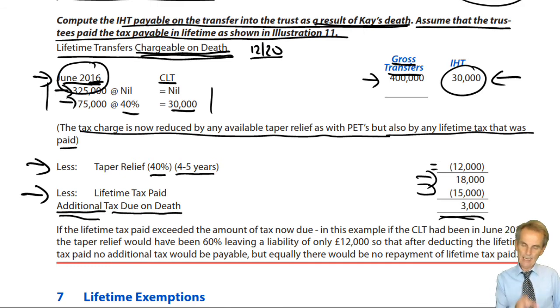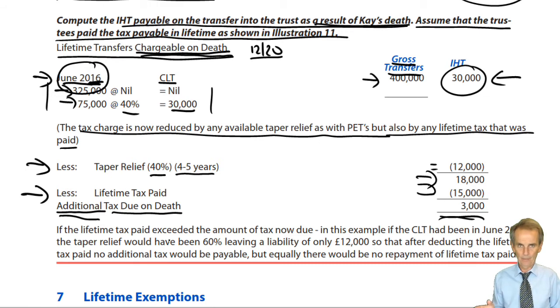You do not end up with a CLT having paid both 20% if it's the gross rate applicable at the time that the transfer was made, chargeable when made, and 40% tax rate on death. The maximum you can pay is a total of 40%.